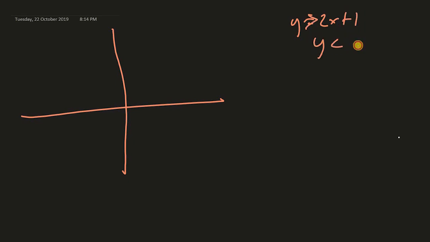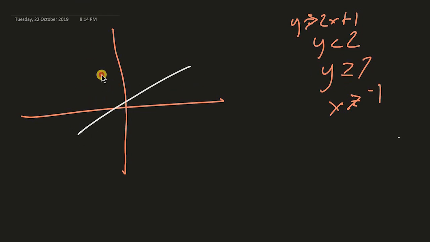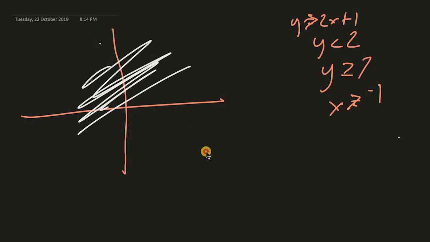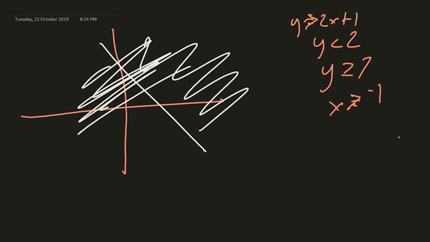Again, I will reiterate, if we have a linear equation, for example, we have y is greater than 2x plus 1, y is lesser than 2, y is greater than or equal to 7, x is greater than negative 1, you need to plot all of these. Kailangan nating i-plot yan, tapos hanapin natin kung saang part. Okay, how will we identify na walang solution yung isang system of inequality?